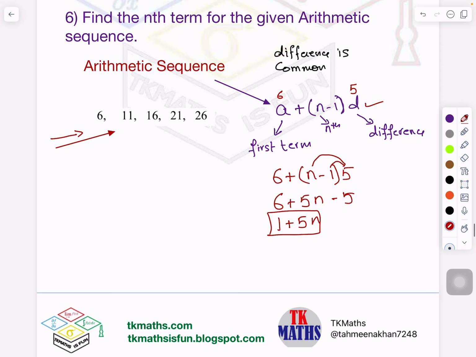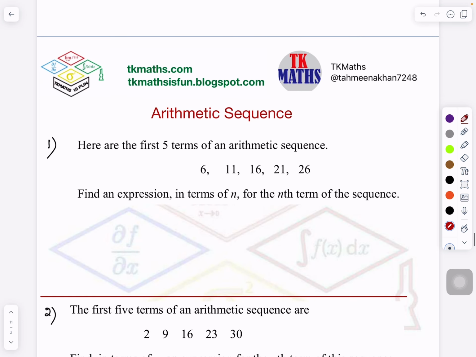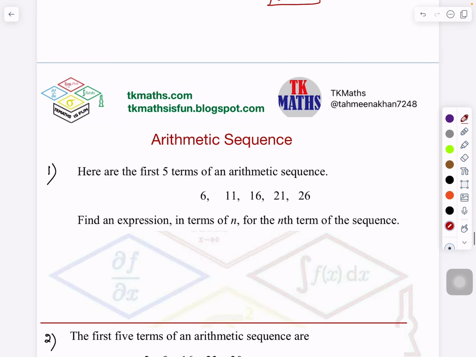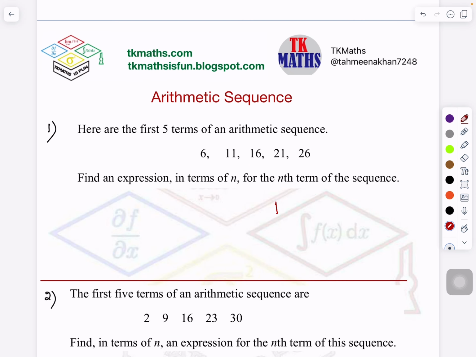So let's start the questions. I have written 2 questions here, and we will do only these 2. This is the same sequence which I was explaining earlier, and we identified that the nth term formula is 1 + 5n. Once again, this was the general formula for the arithmetic sequence, where a was the first term and d is the common difference.